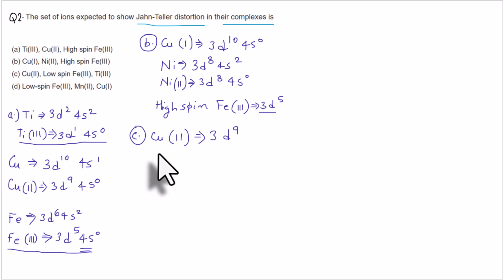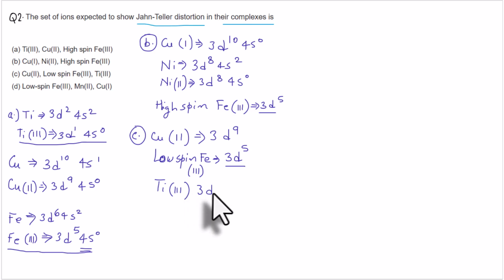Then in option C we have low spin Fe3. Fe3 has 3d5; low spin, high spin distribution we'll see later. Then in C we have titanium 3 again, which we had in option A, so that will be 3d1.